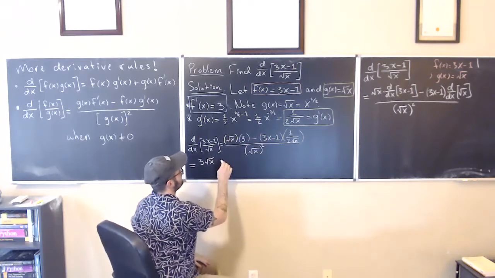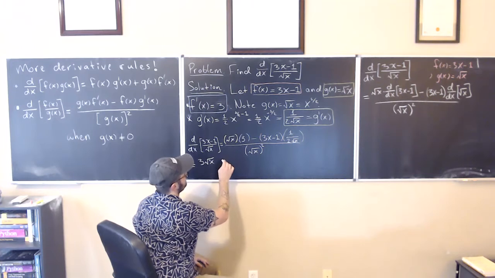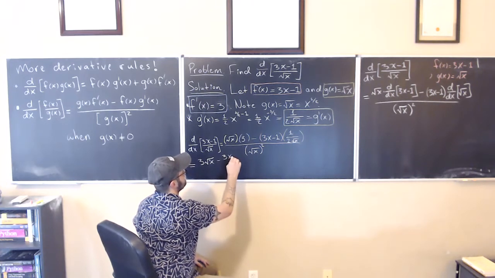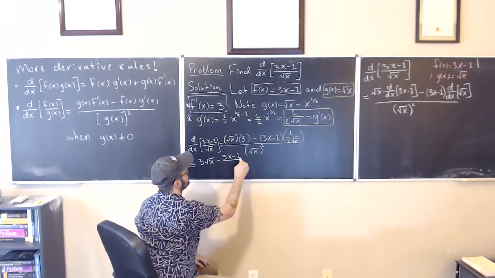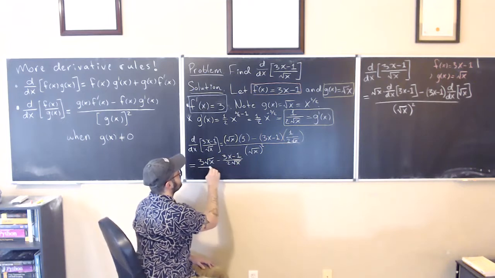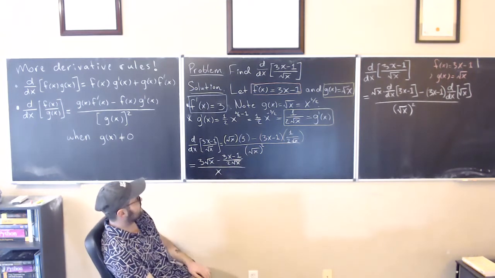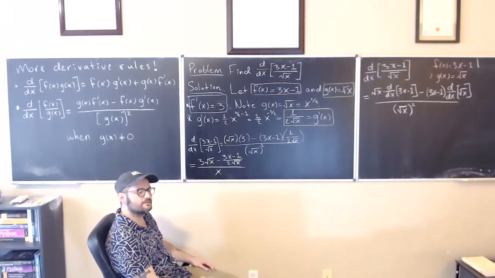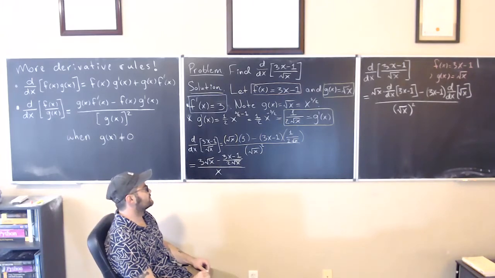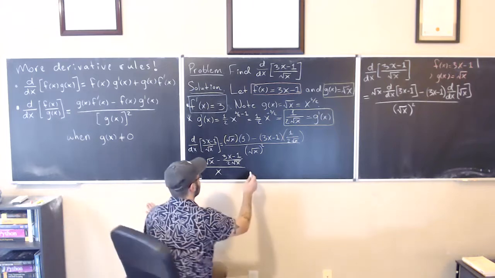So maybe I can just say minus 3x minus 1 over 2 root x, all over that square root, which is just x. So now we need to simplify this, and this is where, if you struggled in algebra, you would probably have problems simplifying this. So what does this become?